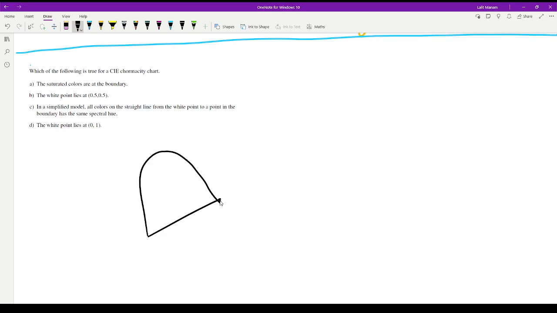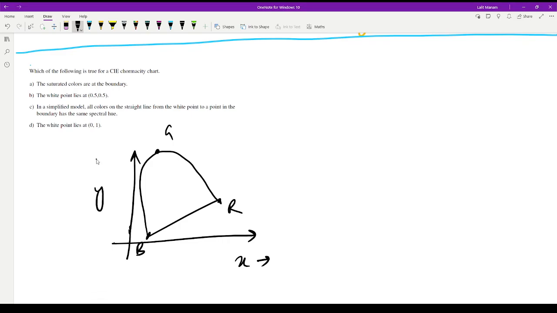There is a chart something like this, where this represents R, somewhere in between is G, and this is B, and we have axes somewhere here like this. The small x is here, the small y is here, that we defined earlier. What else do you know about the chromaticity chart?